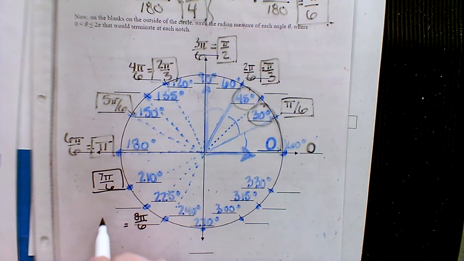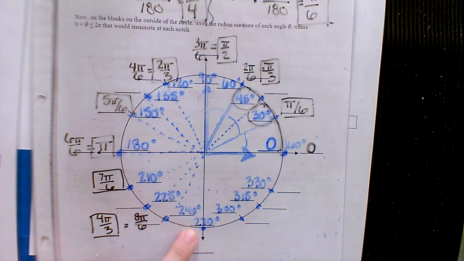But we can simplify that to 4 pi over 3. Another 30 would bring us to 270. So we'd be at 9 pi over 6. Simplify that, we'll have 3 pi over 2.